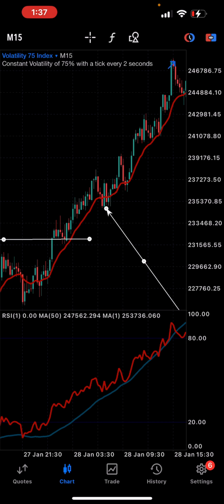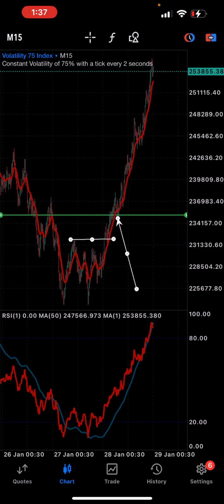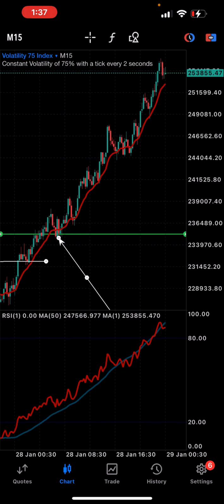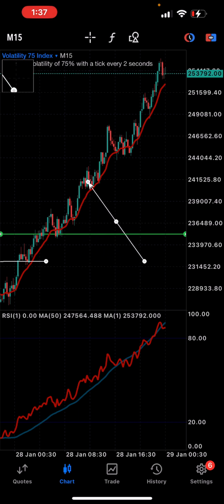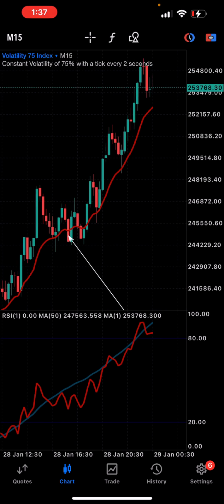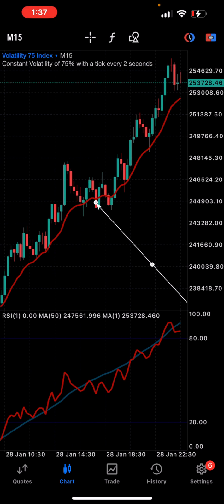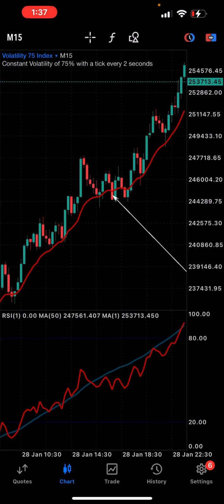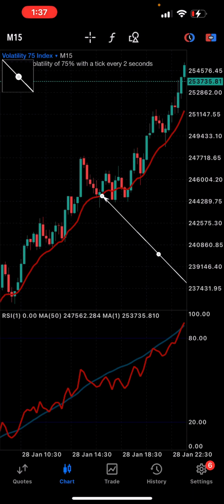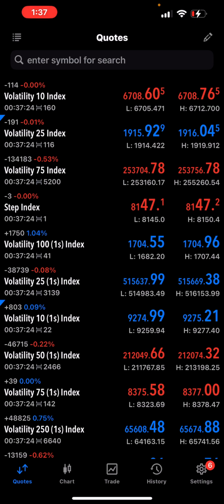At that point in time, you can decide to put your entries here. You see it's now going above and above. Here you have the market push to the upside and a dip to the moving average. It came for a retest, and you can clearly see that on the 15 minutes time frame, guys. You can actually buy from here and add all the way up.